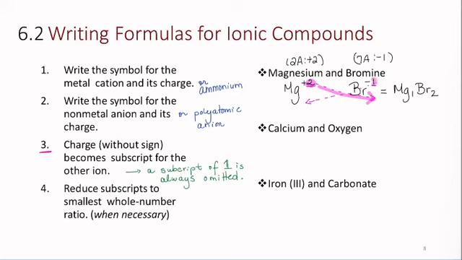This value of 1, I gave it to magnesium as a subscript. So at first, I'm going to write Mg1Br2. As you saw in my note, a subscript of 1 is always omitted. So my final answer for the chemical formula when magnesium and bromine make a compound is MgBr2.